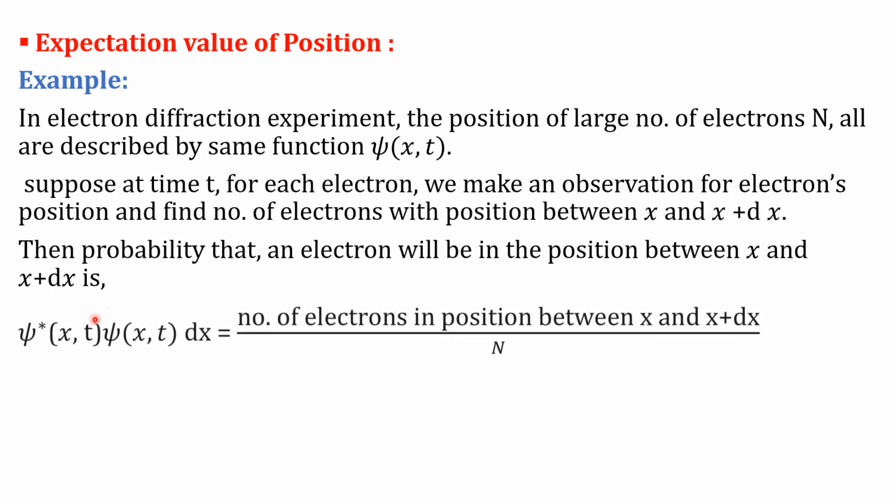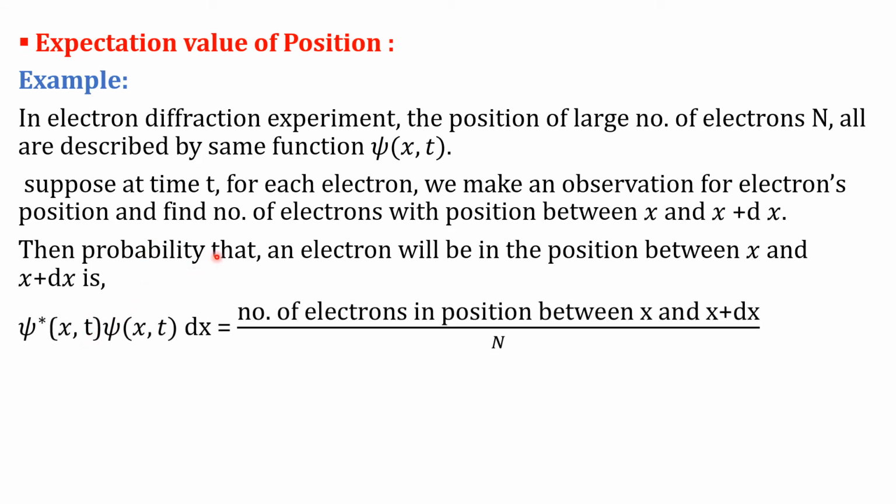Therefore, how do we write the next term, since that probability is related to the wave function? We write psi star x,t psi x,t, since all electrons have their state given by the function psi of x,t.